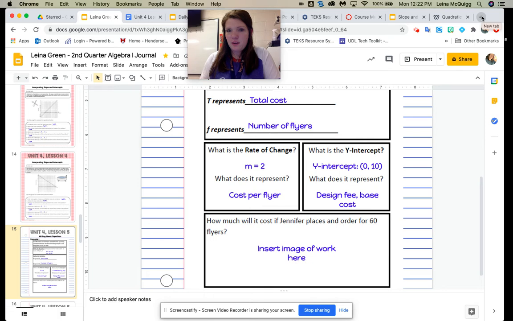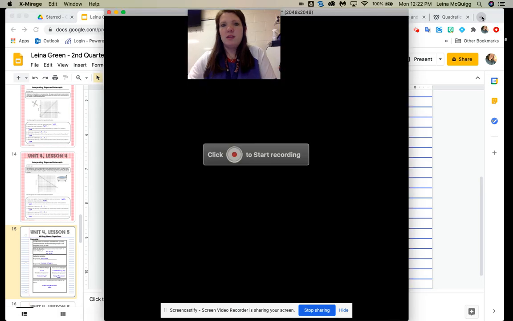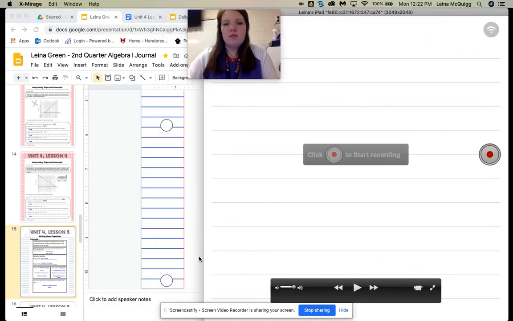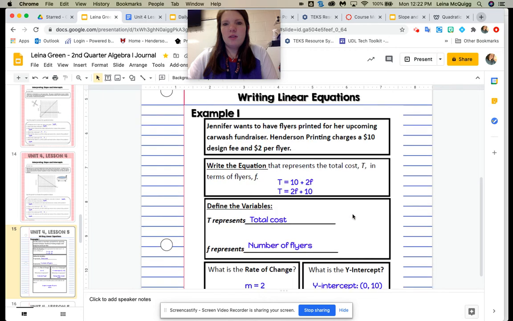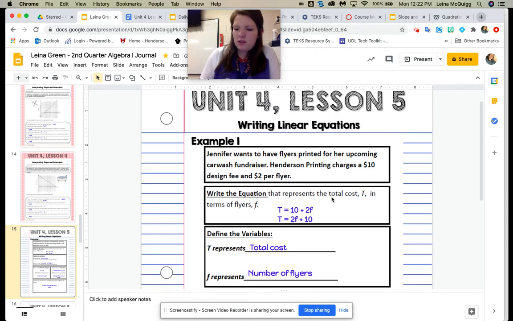Okay, so F is going to be 60, and I can put that in my equation in place of F. So let me get my equation here. My equation is T equals 2F plus 10, and we're saying that F equals 60.